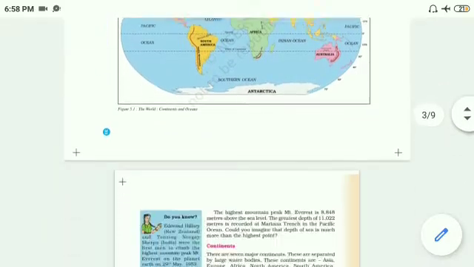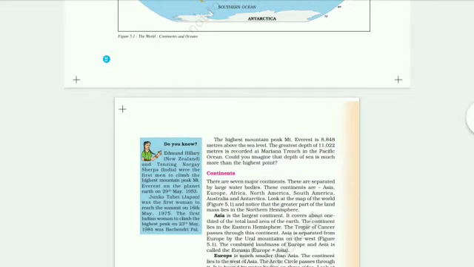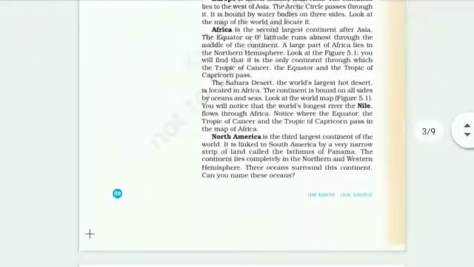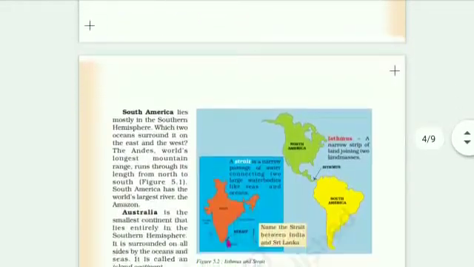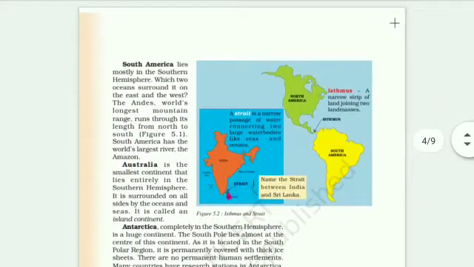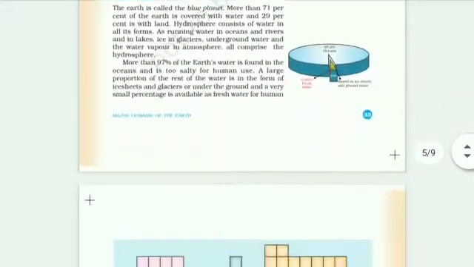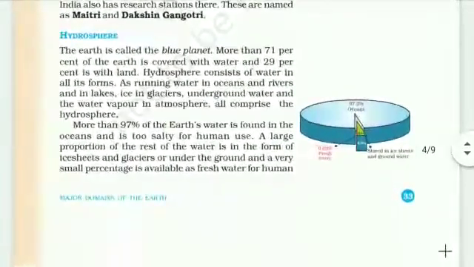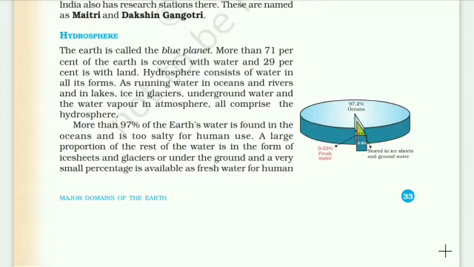More than 71% of the earth is covered with water. Therefore, the earth is called the blue planet.